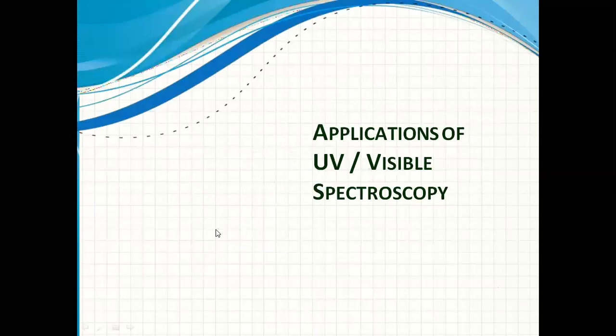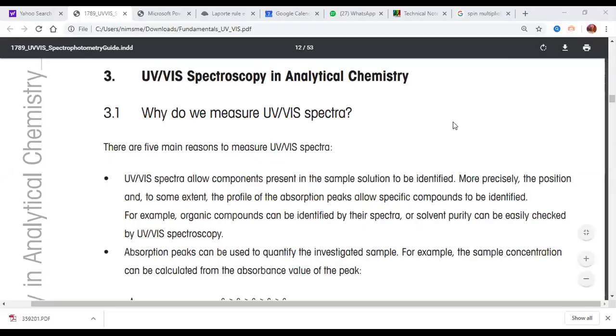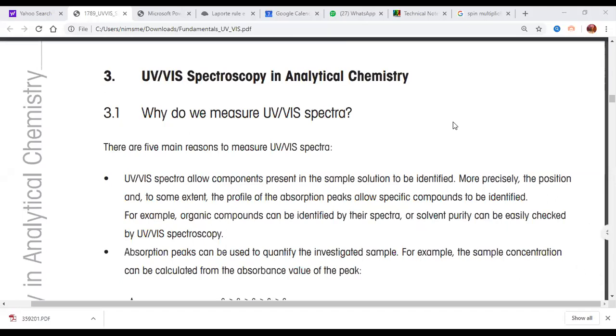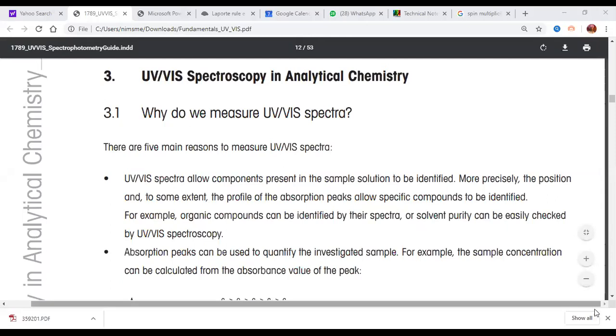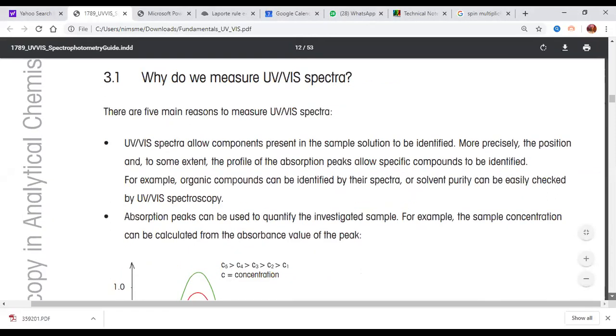Now, applications of UV visible spectroscopy in analytical chemistry. There are five main regions to measure UV visible spectra of a compound.